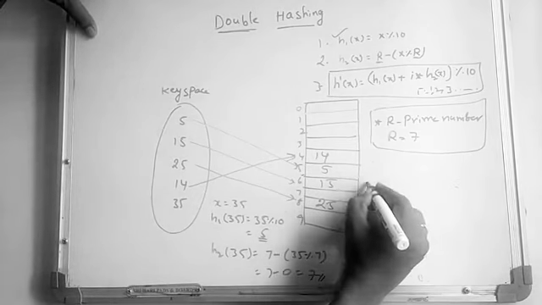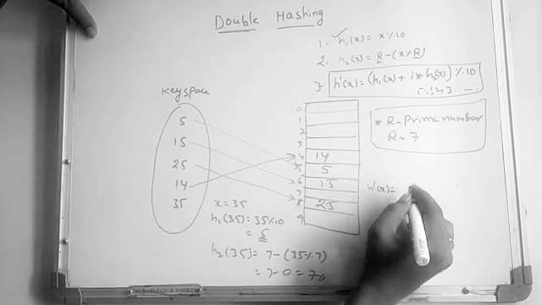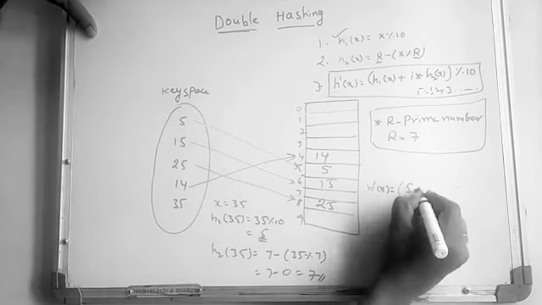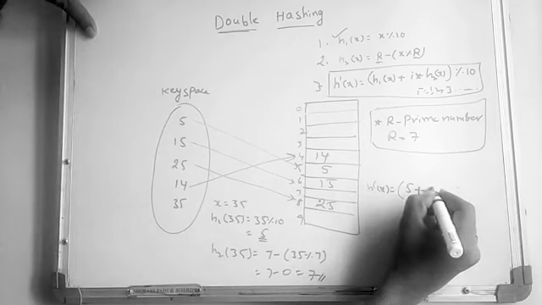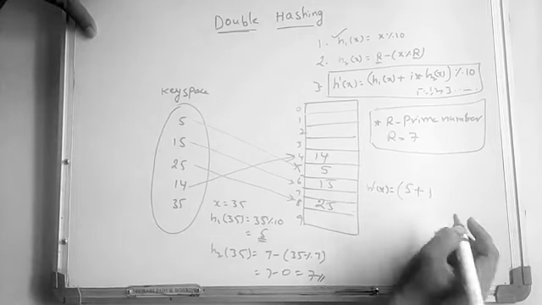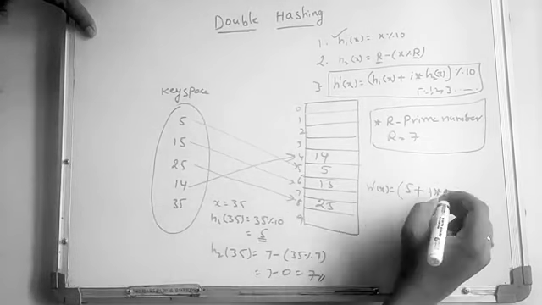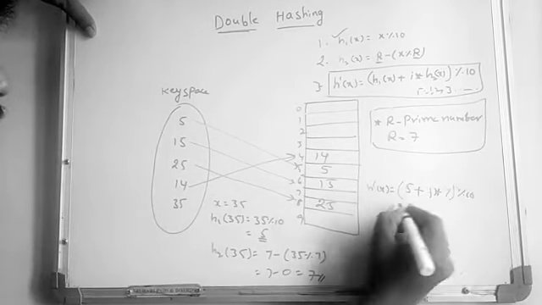Now apply the final h of x formula. h1 value is 5, plus i value, which starts at 1, times h2 value 7, mod 10.